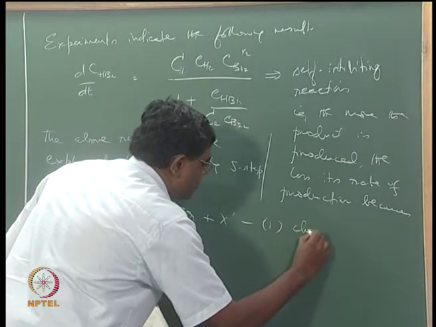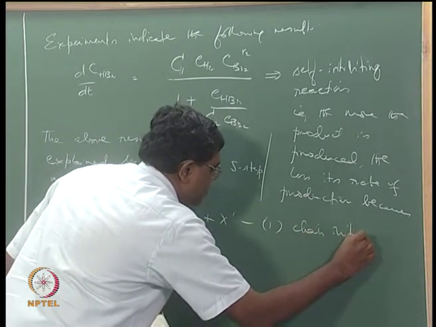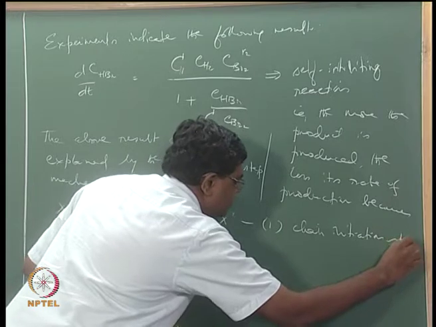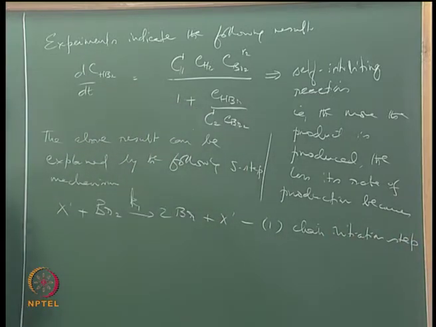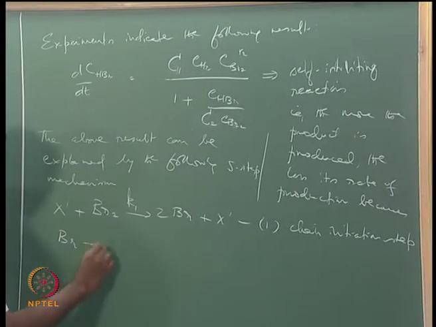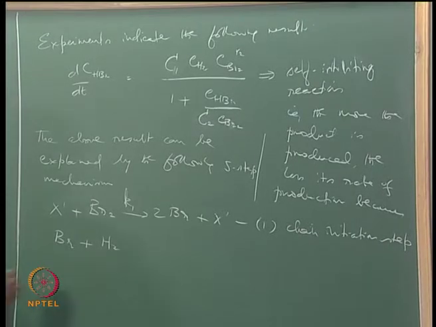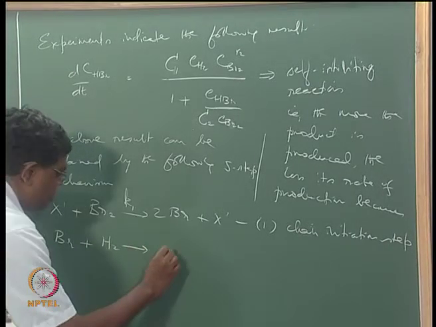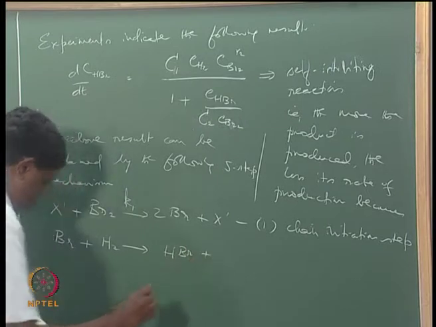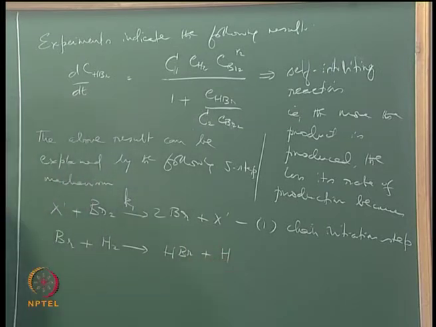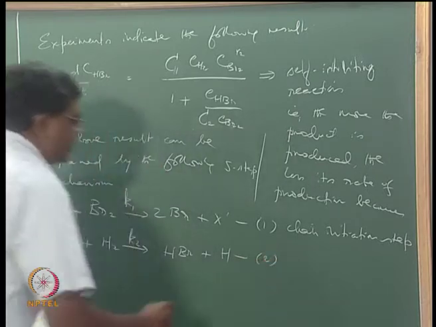This is a chain initiation step. The intermediate Br now attacks the stable reactant H2 to produce HBr plus another intermediate H, with rate constant K2, and let us call this reaction 2.